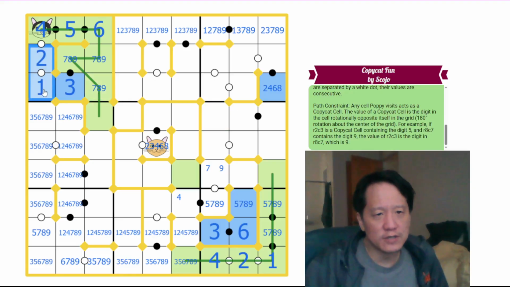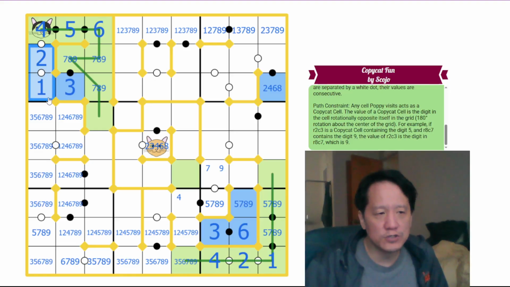Anyways, let's check this. Okay, so these are all copycats. So this value is 1, this value is 2, which is in a 1 to 2 ratio with 1. This value is 4, which is a 1 to 2 ratio with 2. This value is 5, which is consecutive with 4. This value is 6, which is consecutive with 5.